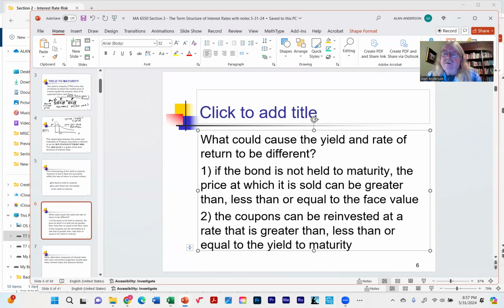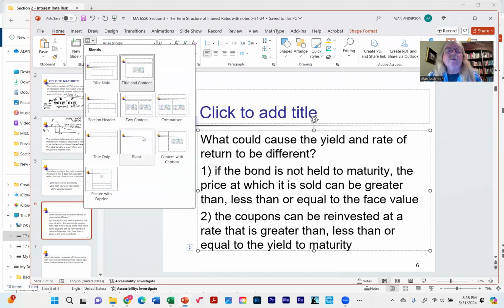So we could get a higher return than is suggested by the yield to maturity, we could get a lower return, or it could exactly match the yield to maturity, although that doesn't happen very often. So unless something goes terribly wrong, the actual return should be pretty close to the yield to maturity, but it probably won't be identical. So it's only approximately equal to the rate of return to owning that bond.